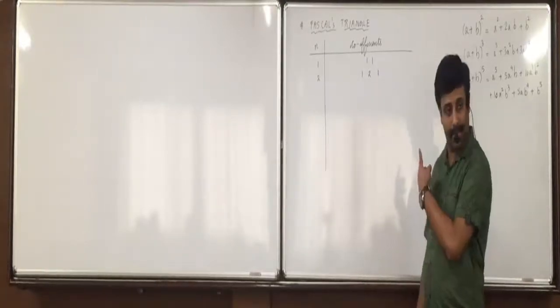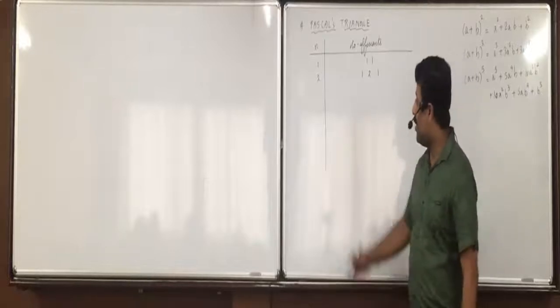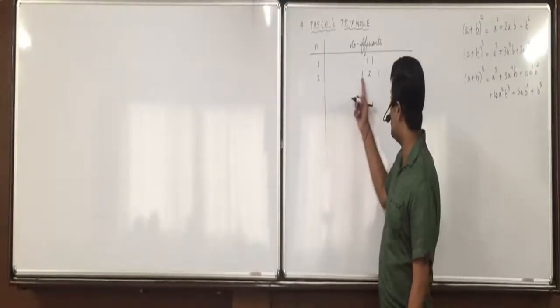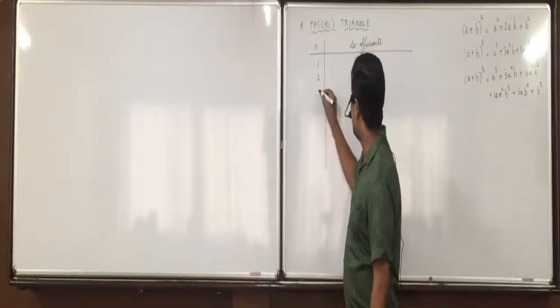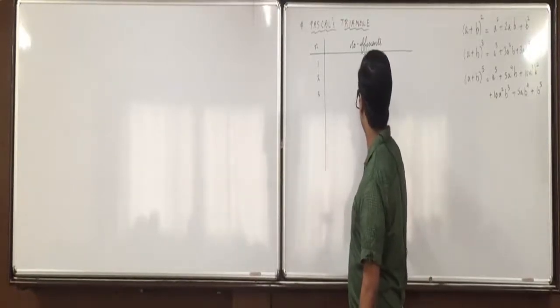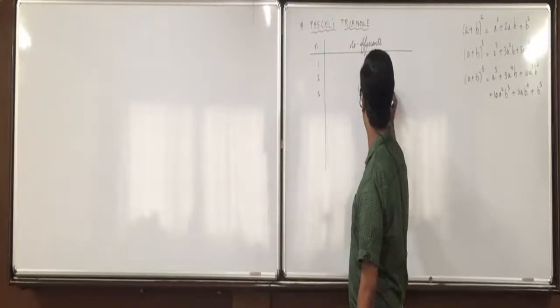Is that clear? Follow through? If n is 2, then 2c0 is 1, 2c1 is 2 and 2c2 is also 1. If n is 3, 3c0, 3c1, 3c2, 3c3.